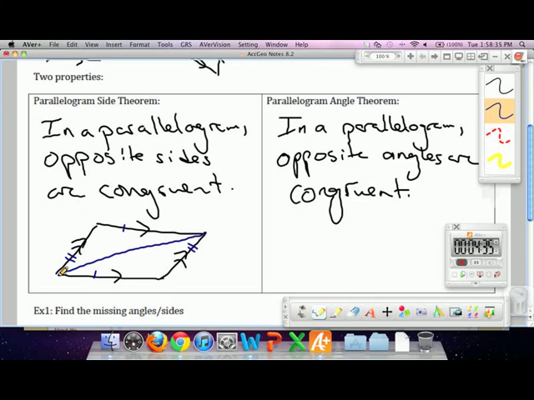Because of the parallel sides, as Alyssa just said, you get alternate interior angles here and here, and notice you have two triangles with angle, side, angle congruence. So then all the parts are congruent. Corresponding parts of congruent triangles are congruent, CPCTC. You can prove these two triangles are congruent, and you can prove all the corresponding sides are congruent. So this theorem follows from drawing a diagonal and looking at the alternate interior angles.